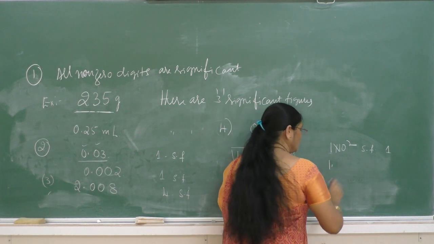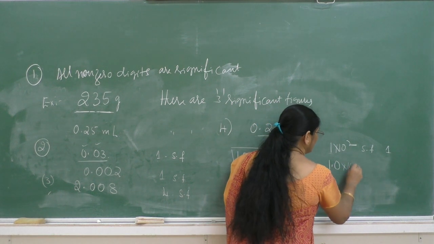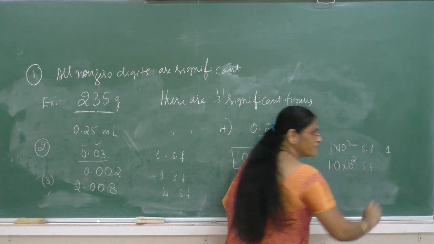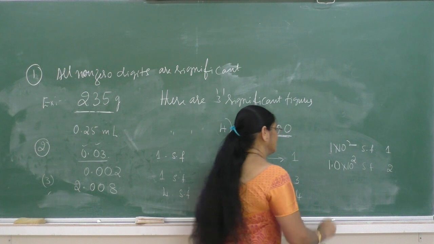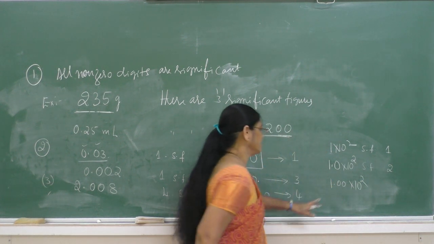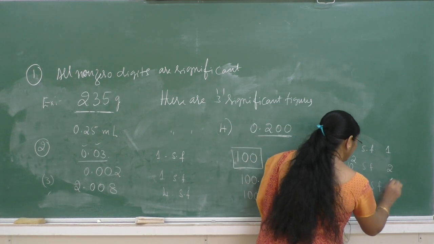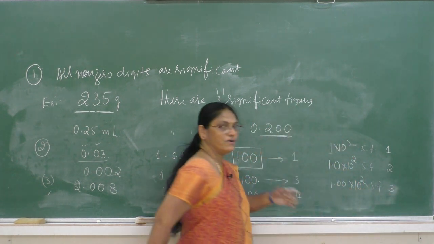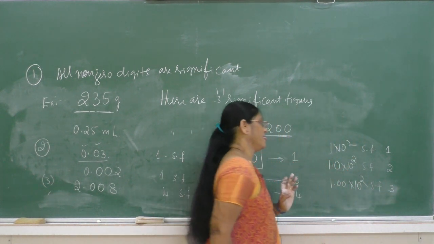It is also written in this form, 1.0 into 10 to the power 2. How many significant figures are present? There are 2. Then this is also written as 1.00 into 10 power 2. The number of significant figures is 3.